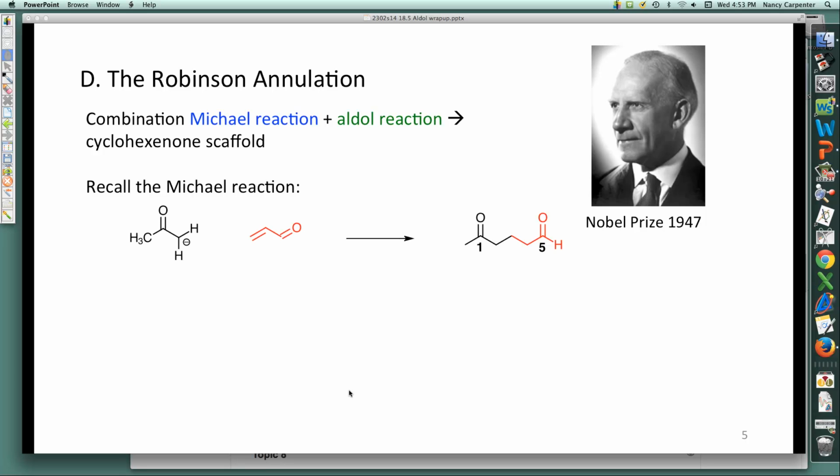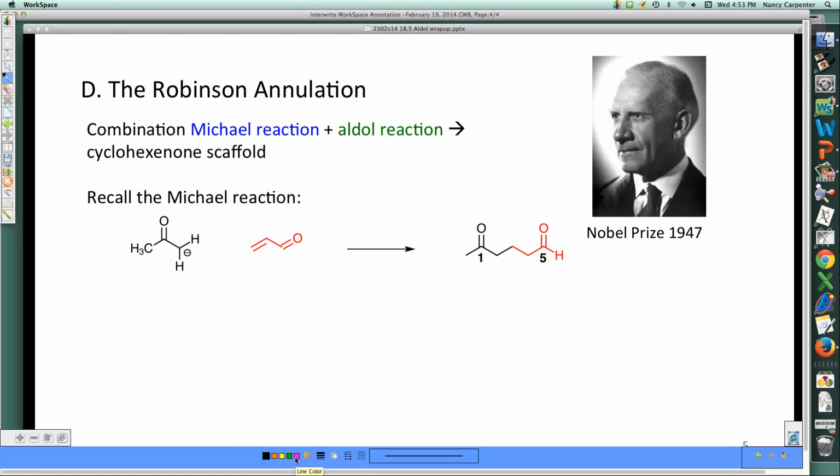So the Michael reaction, you, I hope, recall, is when you're adding an enolate 1,4 to a conjugated system. Soft nucleophile, soft electrophile, right there, gives you, ultimately, that product via this intermediate.